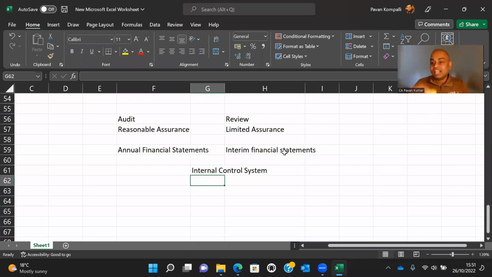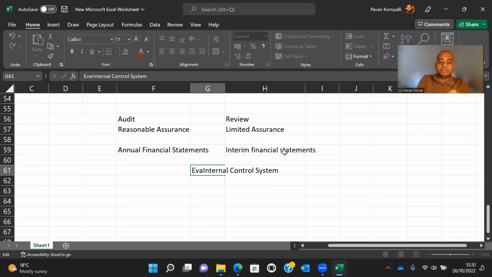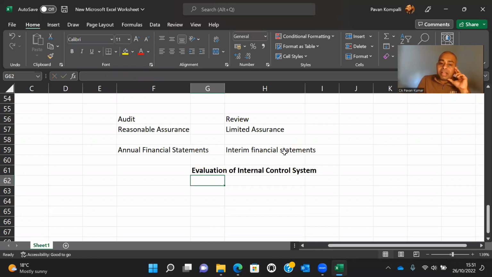Okay. So you tell me, is it necessary for the auditor to evaluate the internal control system as a part of planning? I'll tell you one super duper point which you do not know. Evaluation of internal control system will happen only in one out of these two, audit and review.